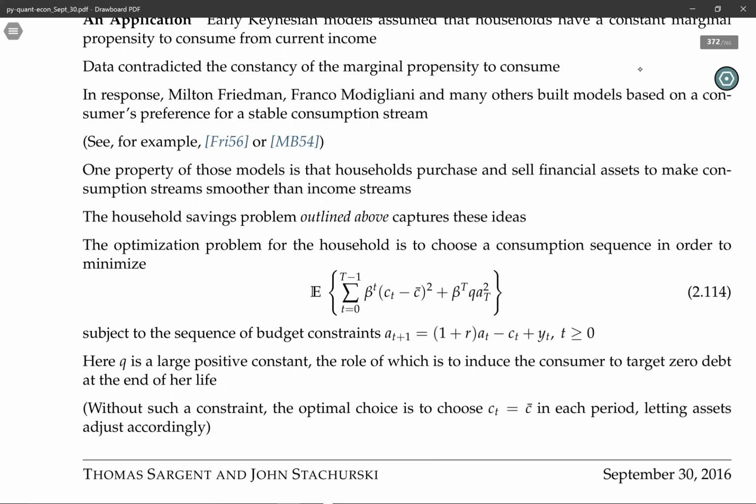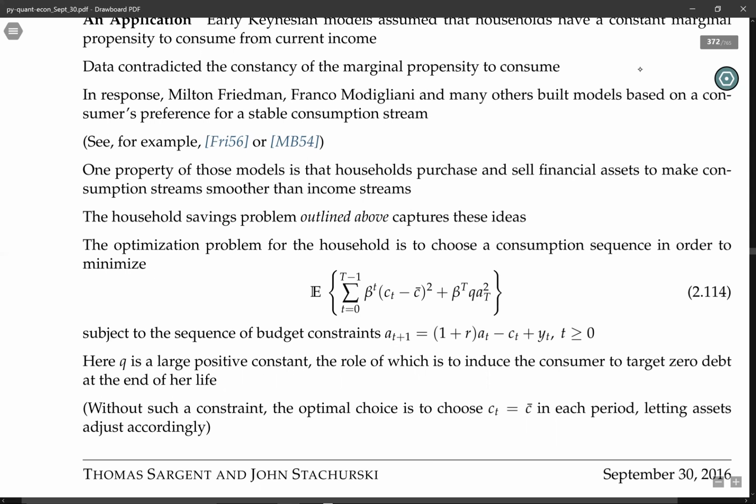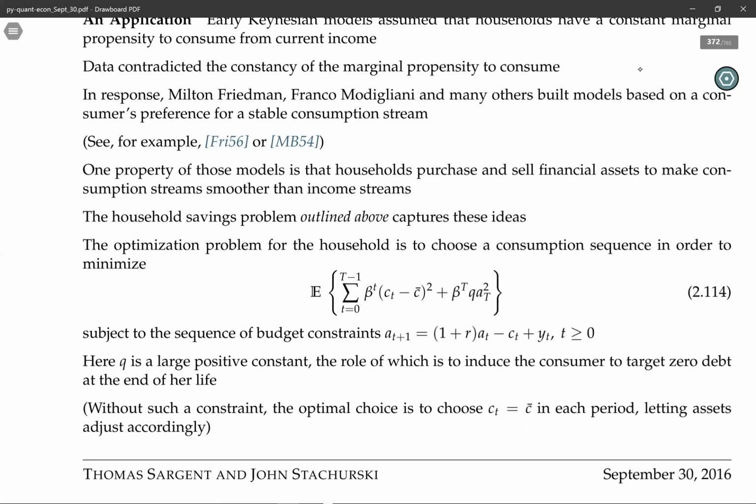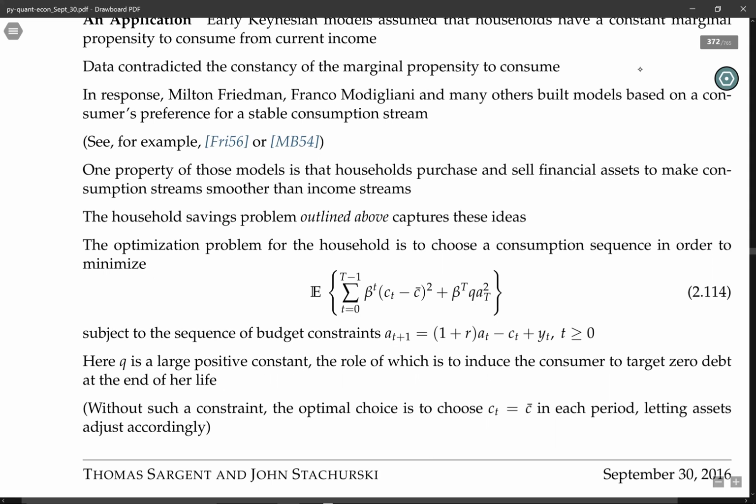He's going to have a consumer, a typical consumer. And Milton Friedman actually applied this to consumers with different situations. Actually studied black people and white people, rich people and poor people. But every consumer in sight is going to want to minimize this loss function, C_t minus C bar.